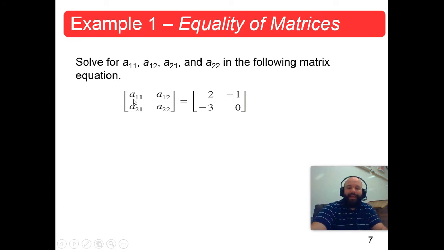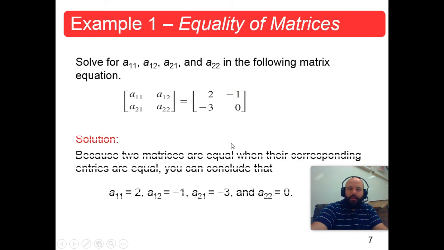So A sub 1, 1, first row, first column, needs to be 2. The first row, second column is -1. The second row, first column is -3, and the second row, second column is 0. So you can see there's a list: A sub 1, 1 is 2, A sub 1, 2 is -1, and so on. That's a pretty easy concept.